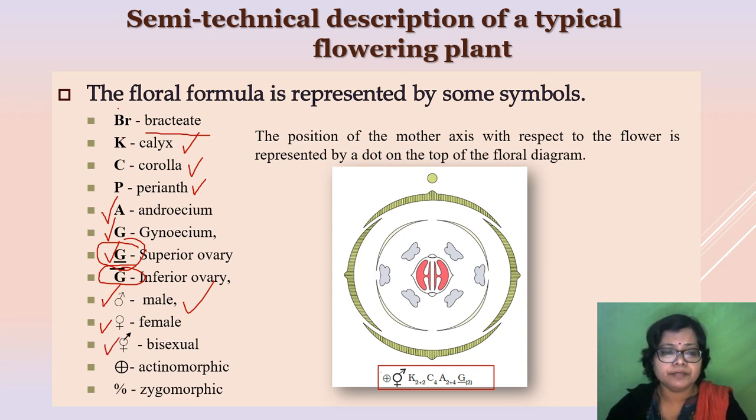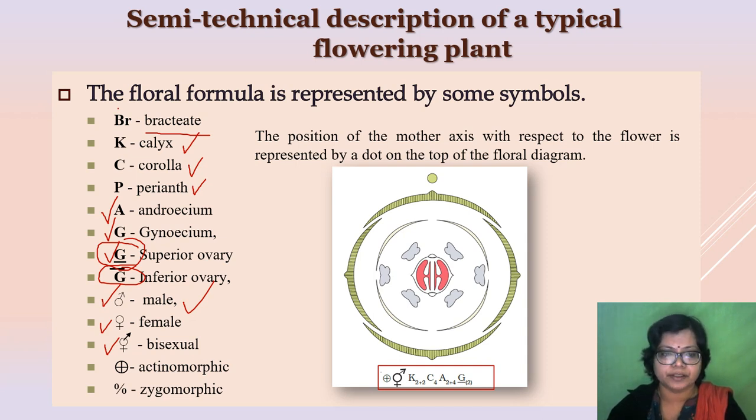Now, if the flower is actinomorphic, it can be divided into two equal radial halves if the plane passes through the central axis. Zygomorphic means the flower can be divided only once into two equal halves, at a particular plane passing through the center.